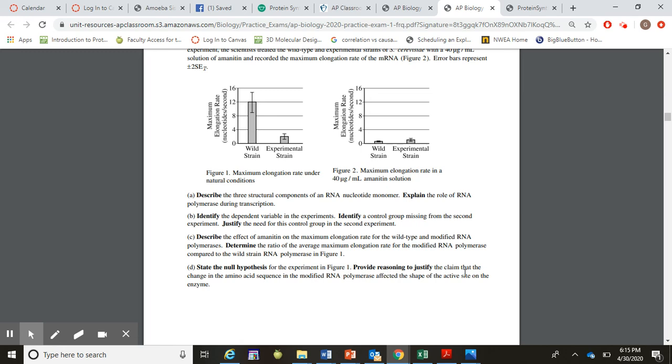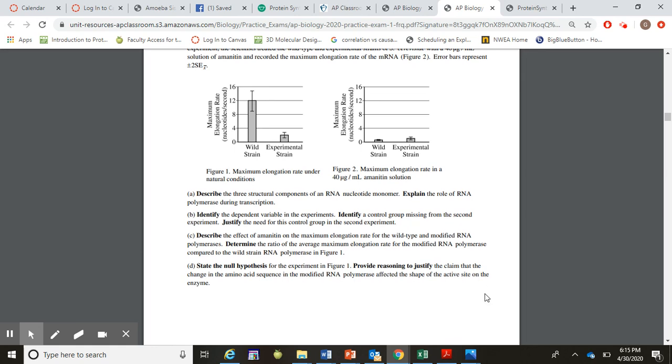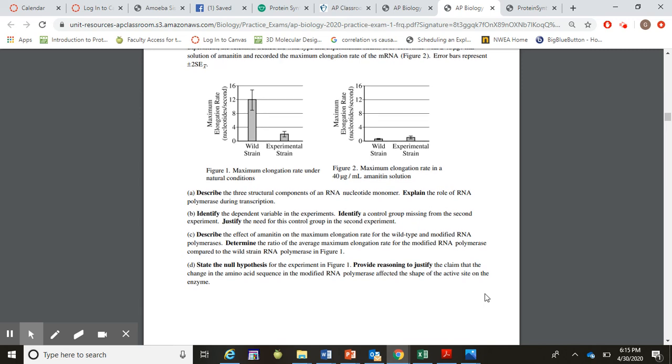Provide reasoning to justify the claim that the change in the amino acid sequence in the modified RNA polymerase affected the shape of the active site on the enzyme. Well, the evidence would be that the experimental strain had a much lower rate of elongation. You could bust out the error bars here if you want to talk about that. It was a significant difference between the two.